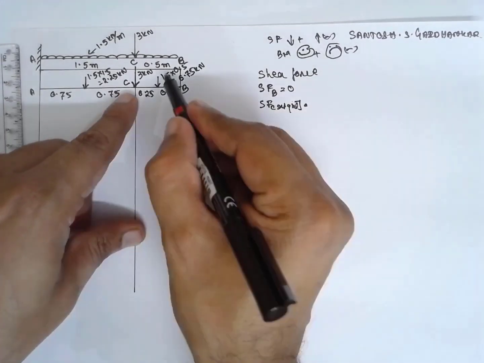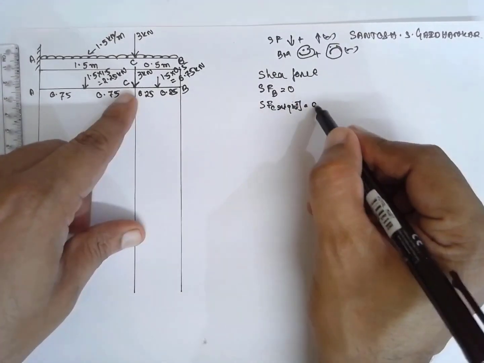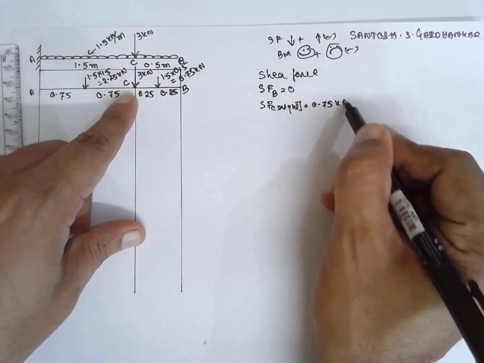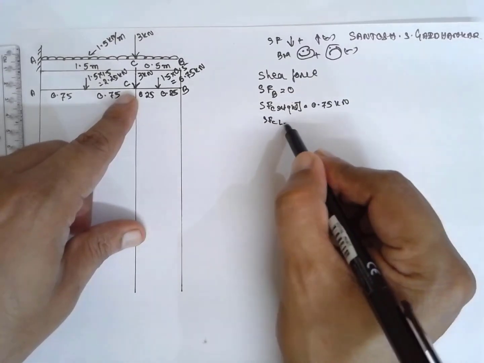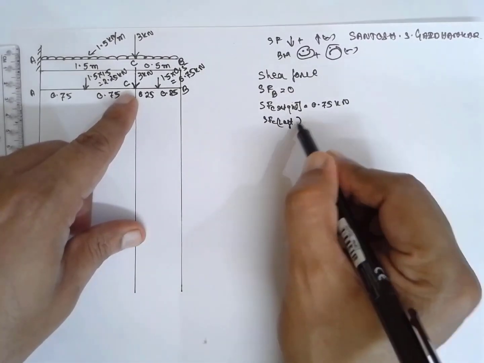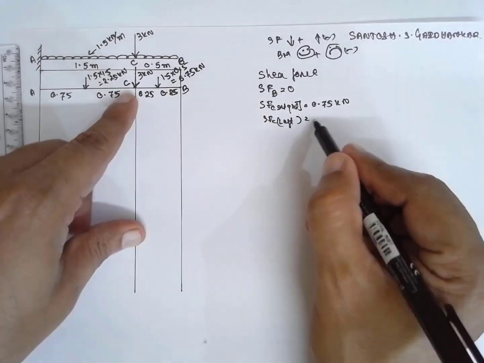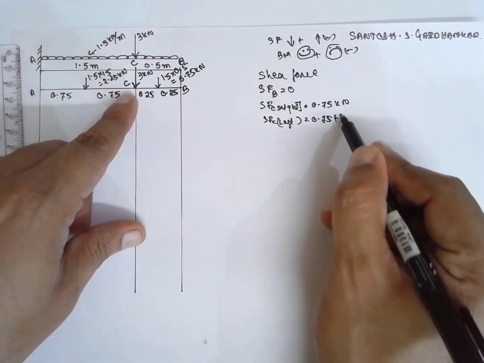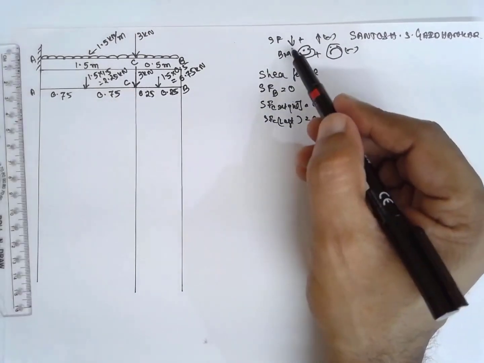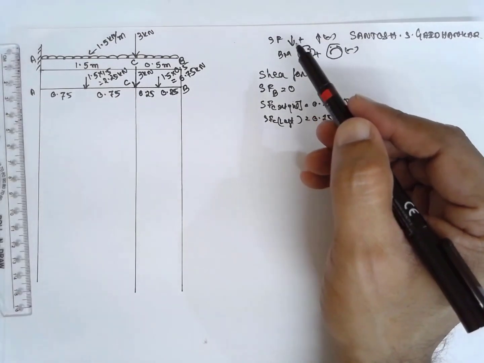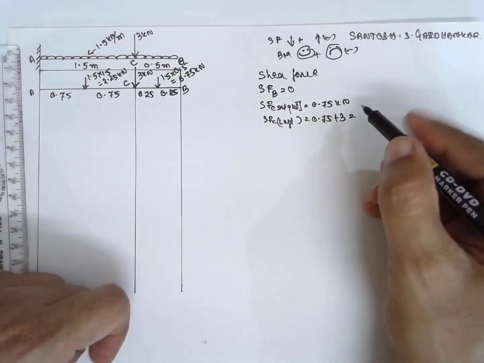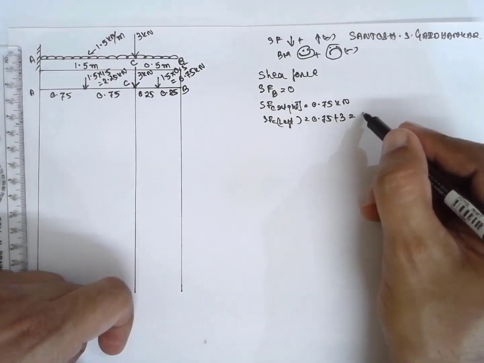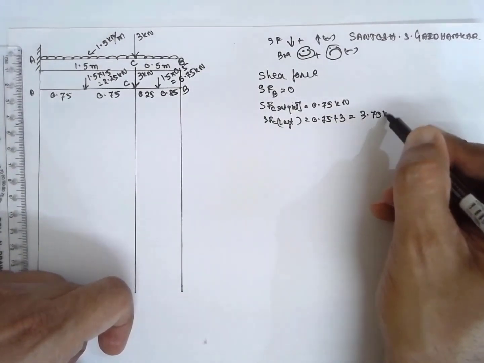Right side there is only one load, that is 0.75 kilonewton. SF at left side is nothing but 0.75 plus 3, because downward arrow I have considered as a positive. If you add it, the value will be 3.75 kilonewton.